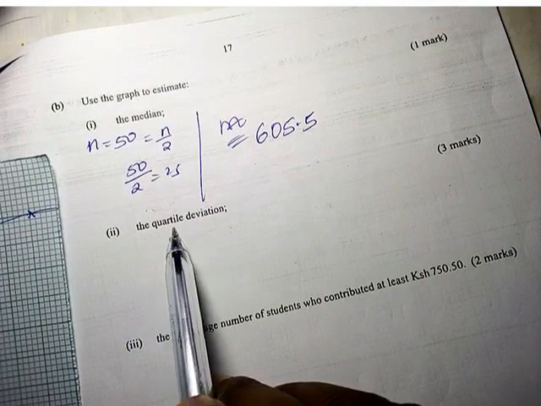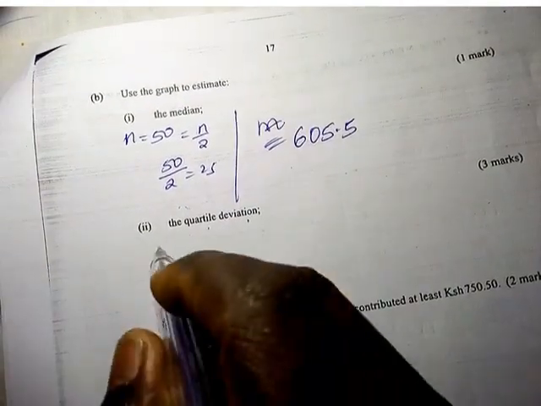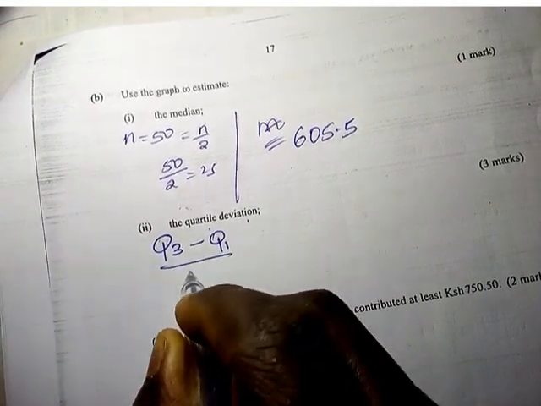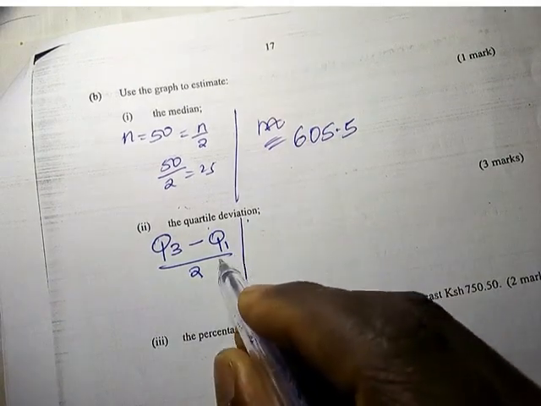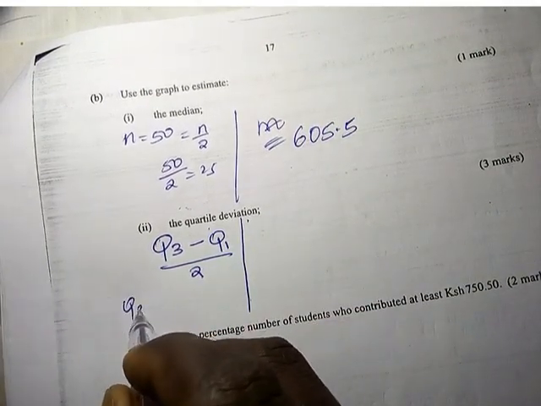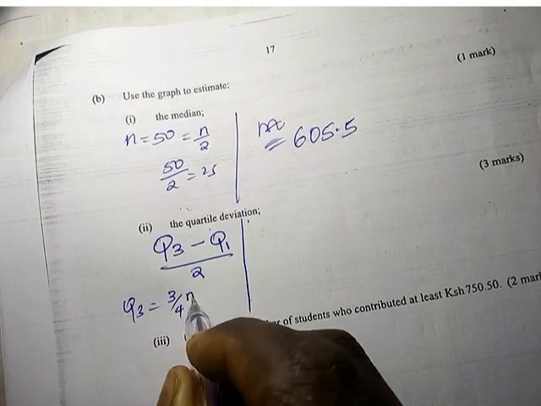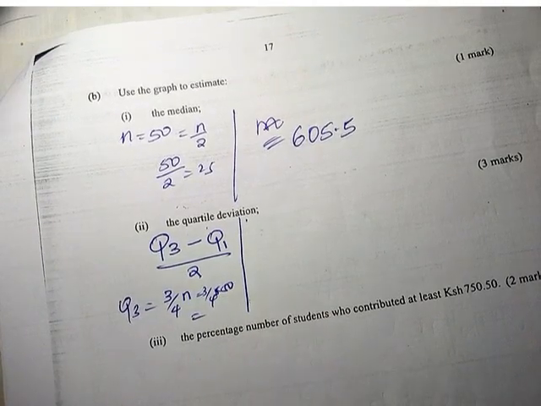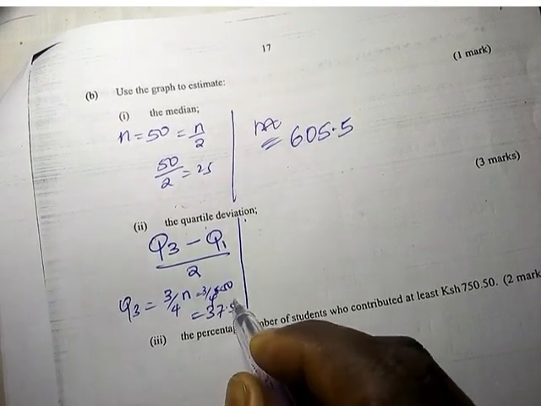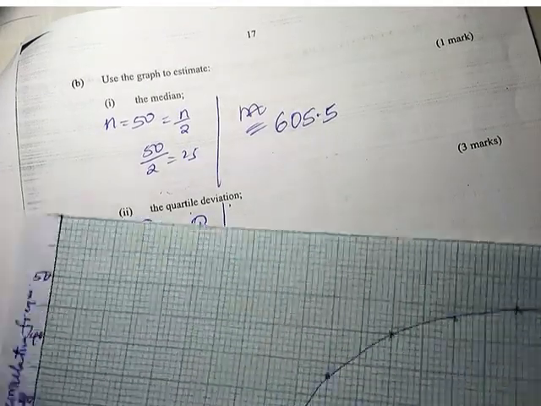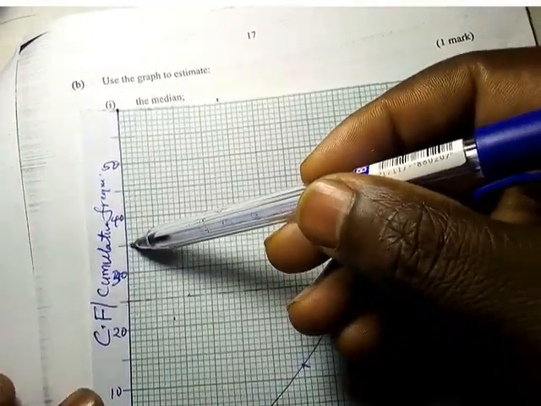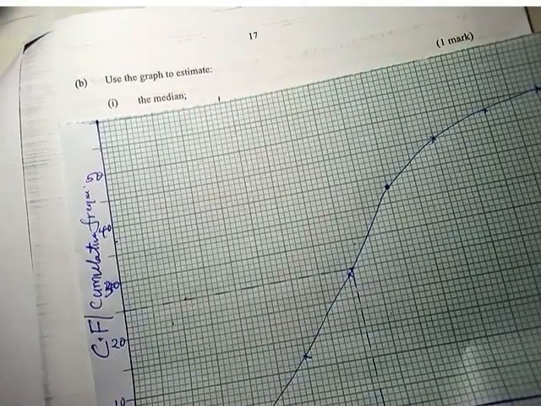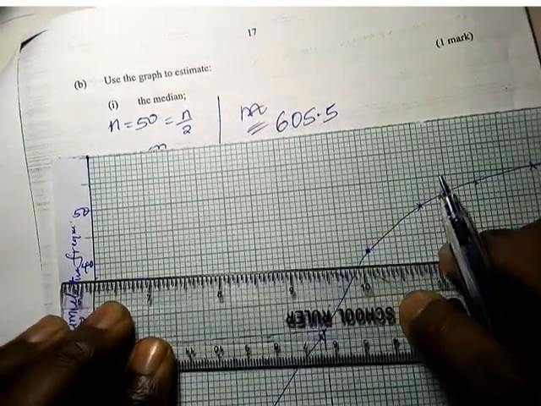Using the graph, estimate the quantile deviation. First, you need to know that the quantile deviation is equal to the upper quantile minus the lower quantile divided by 2. So we need to get the upper quantile from the graph. Q3 is equal to 3 over 4n, which is 3 over 4 times 50. And that one will give us 37.5. So 37.5 here, it is 30, 35. So where we have 36, 37 here. So you draw a line there, which will give us the upper quantile.